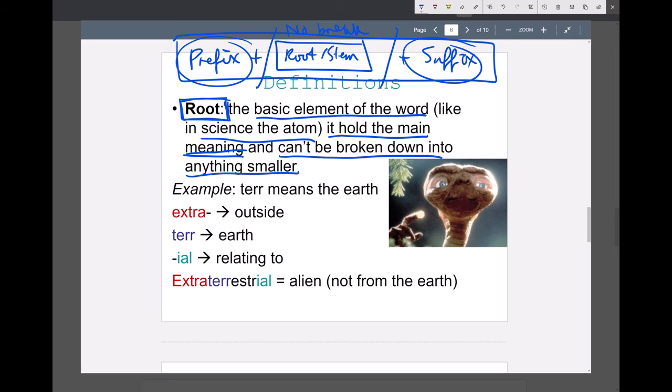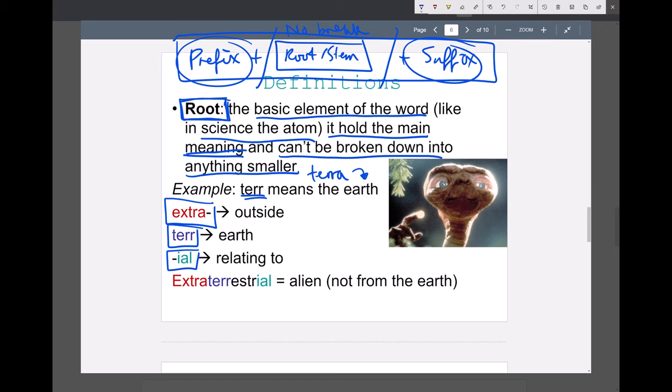So here's an example. Ter, or terra, means earth. So you can start adding parts of words in there to make a new word.